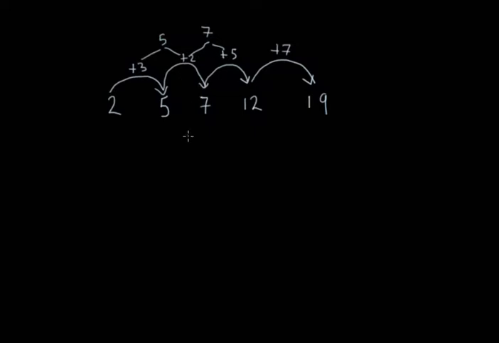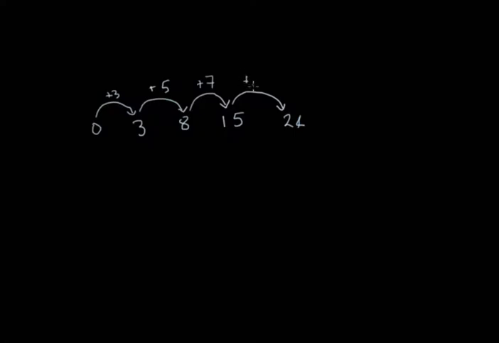And this is in fact called the Fibonacci sequence. Sorry, it's not the actual Fibonacci sequence, it's a Fibonacci type sequence. The two differences added together give you the next difference. And just a useful little trick to remember.